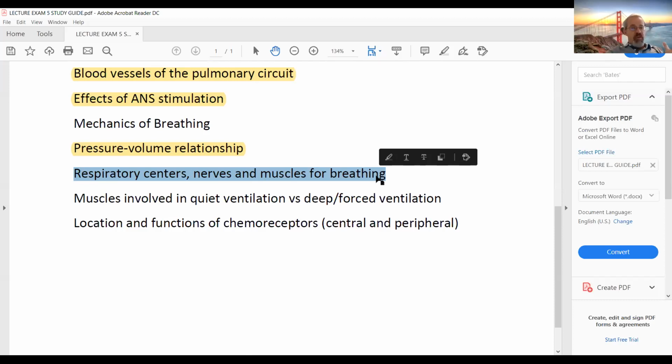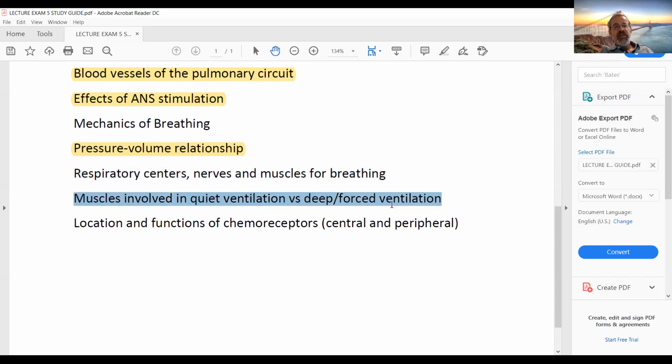We did speak about the nerves with quiet breathing. We didn't talk about forced breathing, but you should know those nerves involved in quiet breathing, what they innervate, what muscles they go to, what happens to those muscles. You should also know, of course, the muscles involved in deep or forced breathing.